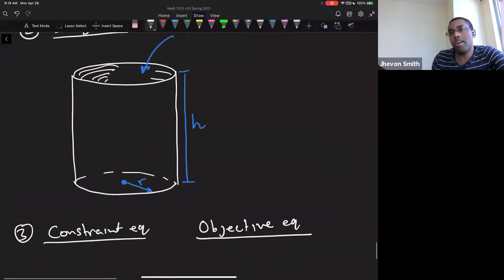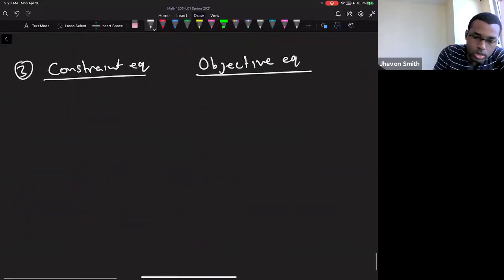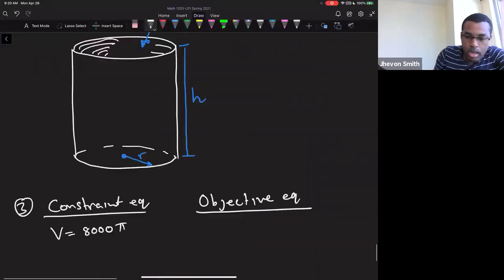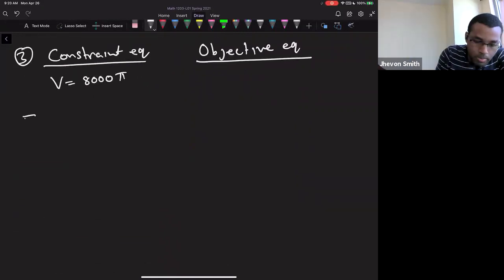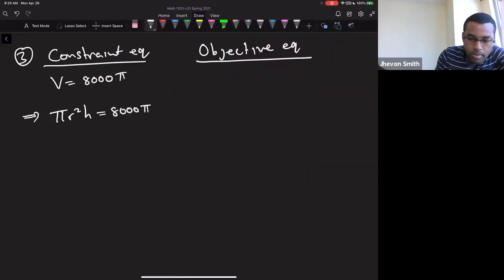We spoke about this in the last section. We want V equals 8,000 pi, but the volume of a prism is the area of the base times the height. So this is pi r squared h equal to 8,000 pi, or in other words, r squared h is equal to 8,000.